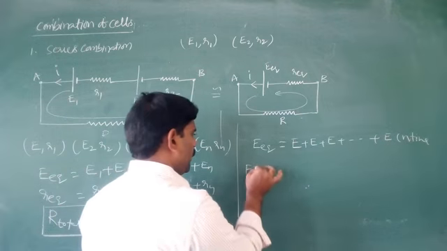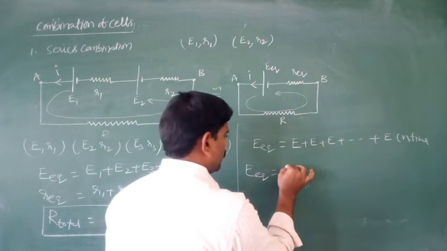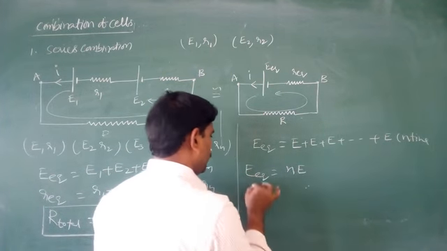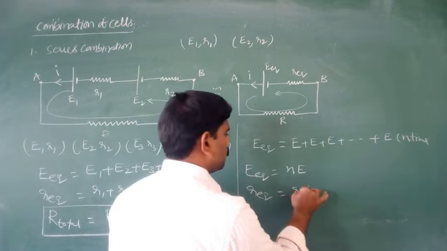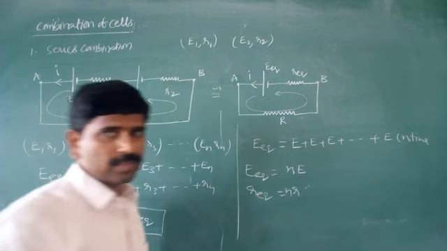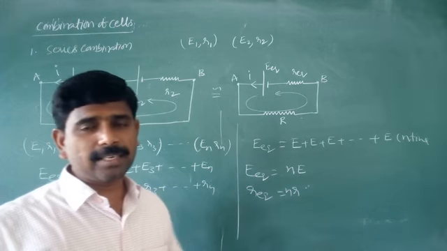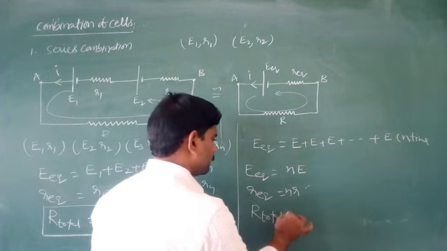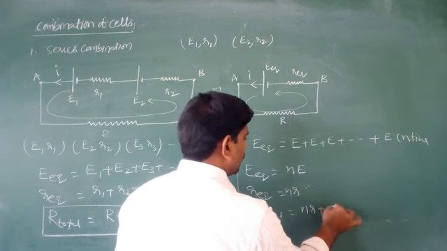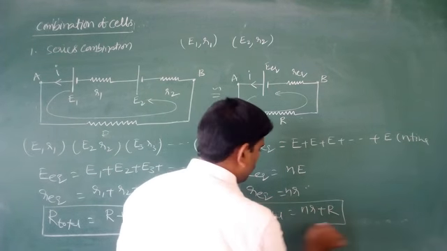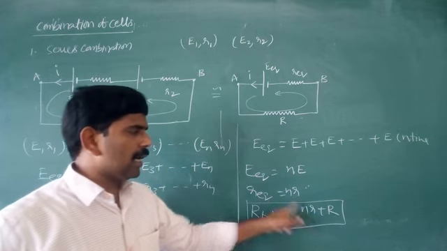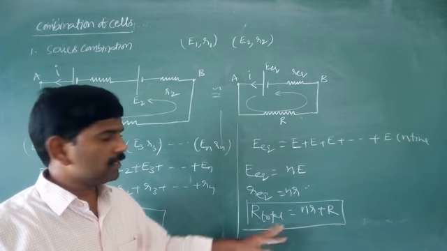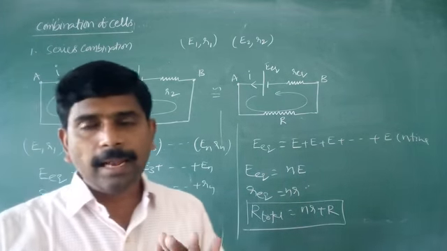Therefore, E equivalent is equal to nE. Therefore, R equivalent is equal to nr, since all the resistors are connected in series. R total is equal to nr plus capital R, that is capital R plus R equivalent. This is in case of the helping manner.